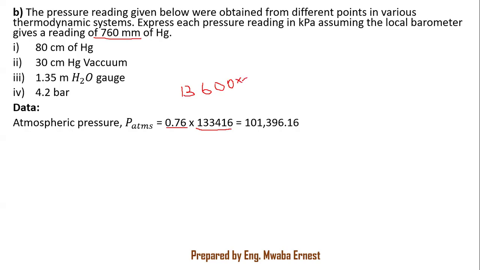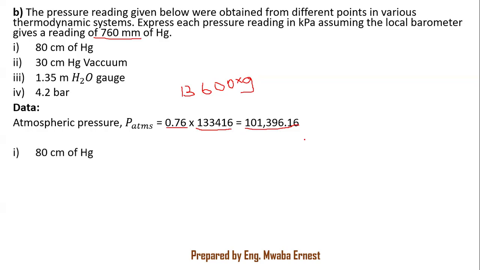Or you can use the specific gravity of mercury, which is 13.6, multiplied by 9810. The value is still the same. With this product, we get our actual barometric pressure, atmospheric pressure, as 101,396.16.